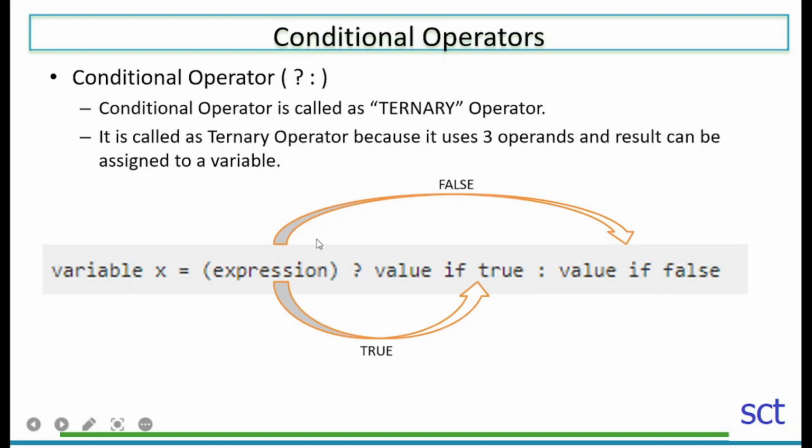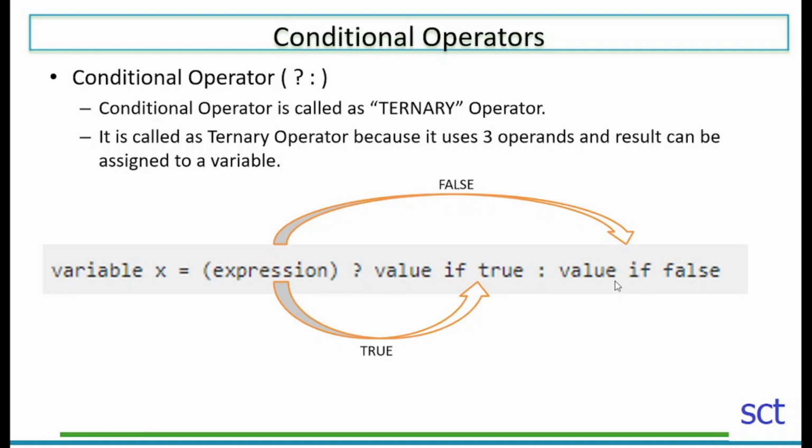That is why this conditional operator is called a ternary operator. X will always be followed by equal to and an expression, and if this expression is true, the first value is going to be used, and if this expression is false, the second value is going to come here.